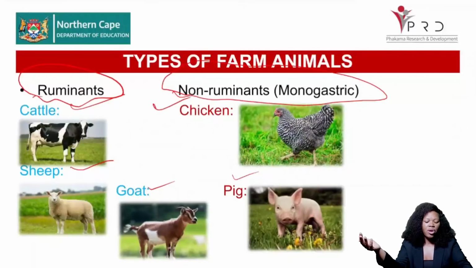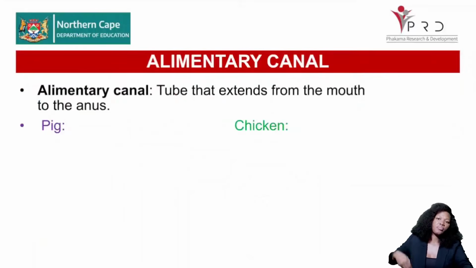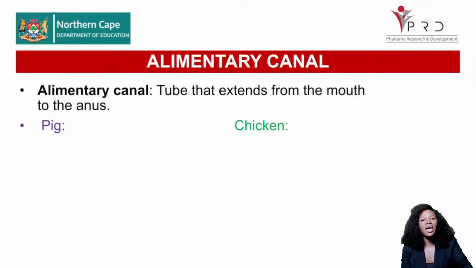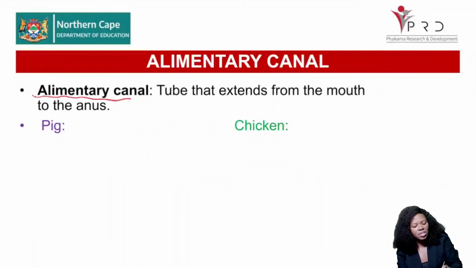Remember, after understanding the different types of farm animals, you need to understand that these farm animals are made up of different digestive systems. This digestive system is responsible for the digestion and absorption of nutrients. Now, let us look at the alimentary canal.